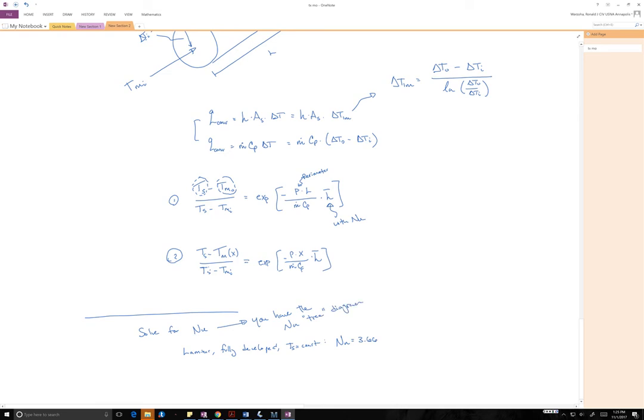That basically tells you how to get this Nusselt number, where you're still calculating your Reynolds number and these locations first.